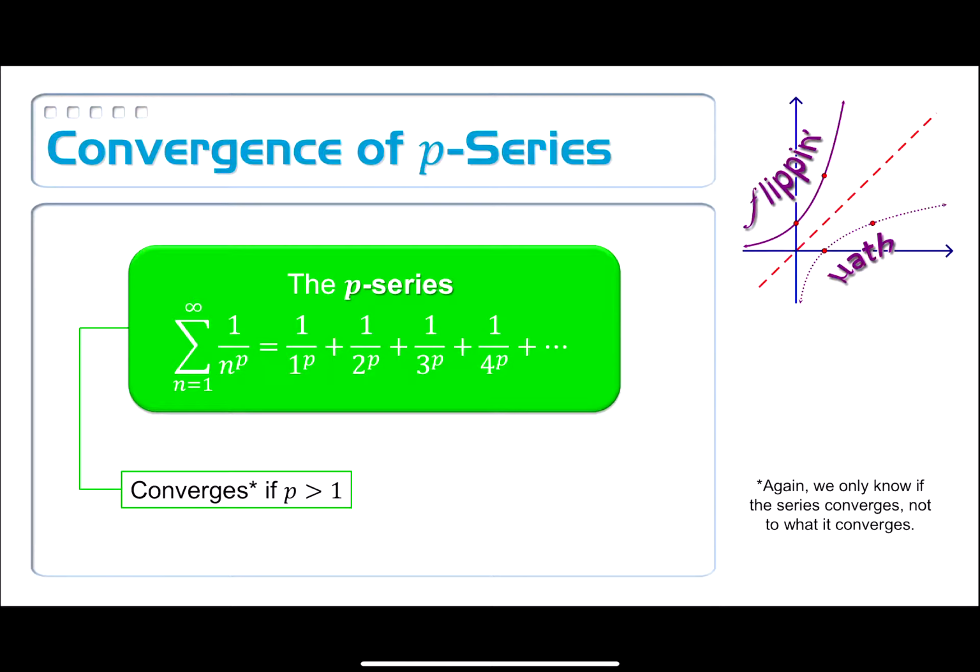And again, because we basically used the integral test to show that this is true, just because our p-value is greater than 1 doesn't mean that we know necessarily what it converges to, only that it converges, okay? And then we know that it diverges if our p-value is between 0 and 1, including the number 1.